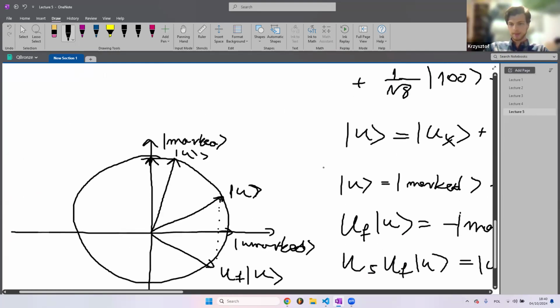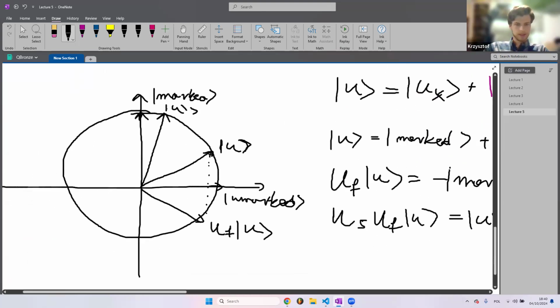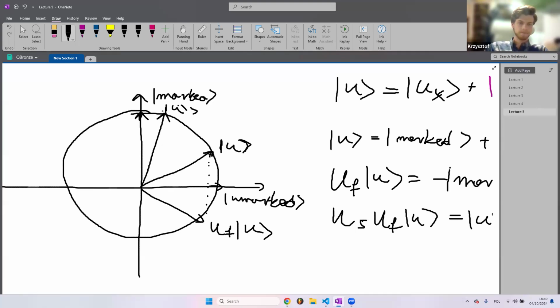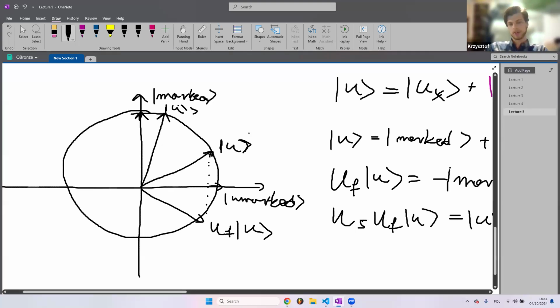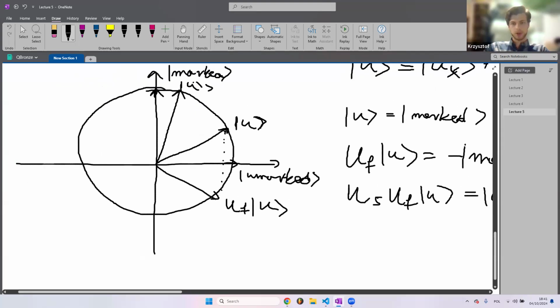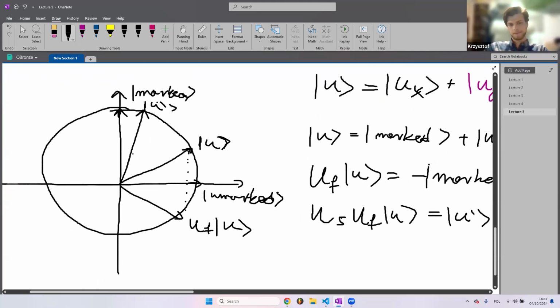Now you can see that this is much closer to the marked element vector. So now the amplitudes of the superposition change.